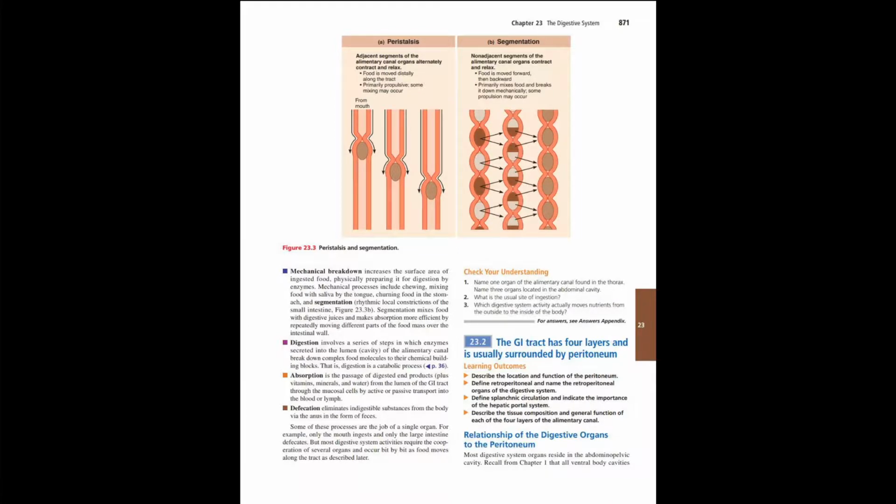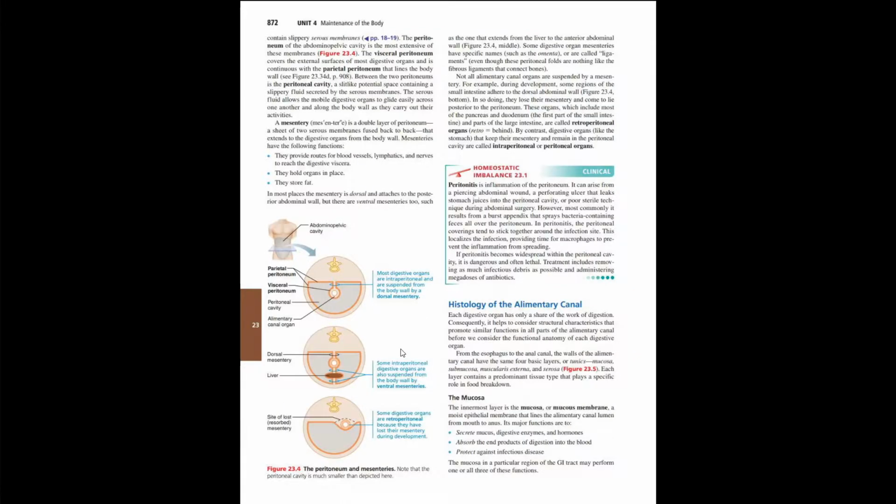The relationship of the digestive organs to the peritoneum. Most digestive system organs reside in the abdominopelvic cavity. Recall from Chapter 1 that all ventral body cavities contain slippery serous membranes. The peritoneum of the abdominopelvic cavity is the most extensive of these membranes.